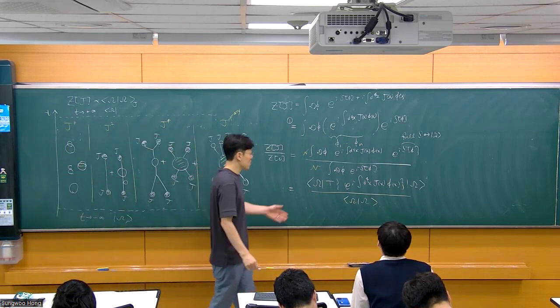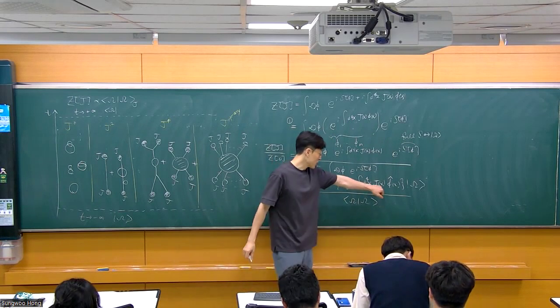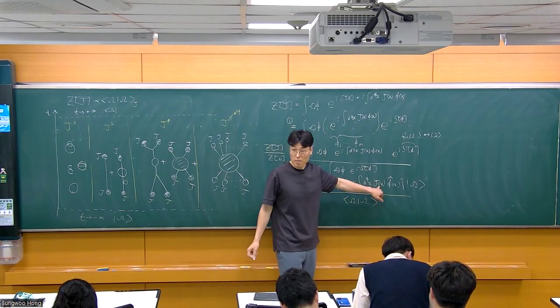Now this is an operator equation, and here the only operator is this phi. But crucially, J is still a classical function.